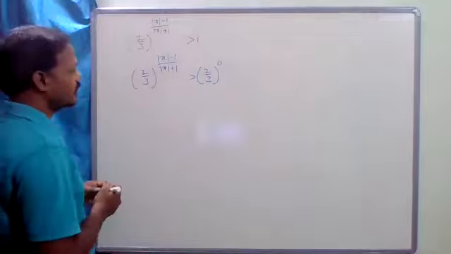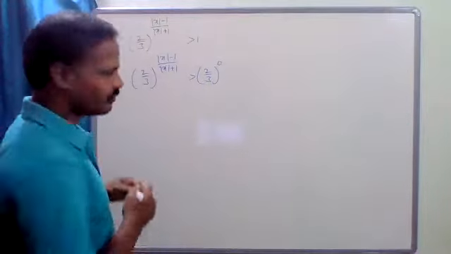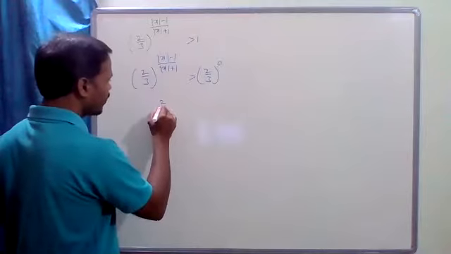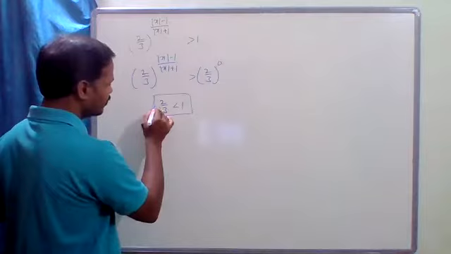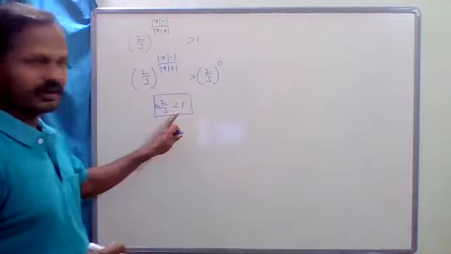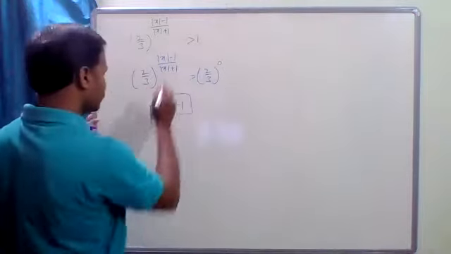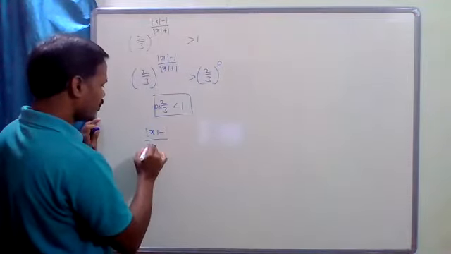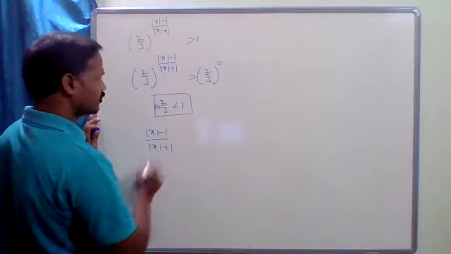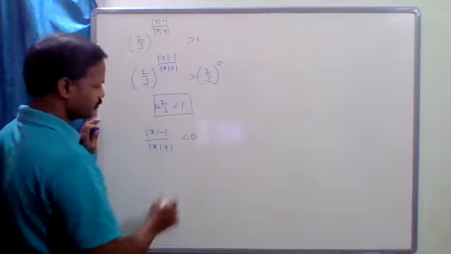Now see, here bases are equal. But 2/3 is less than 1. And bases are equal, so what about powers? So (|x|-1)/(|x|+1) is less than 0.